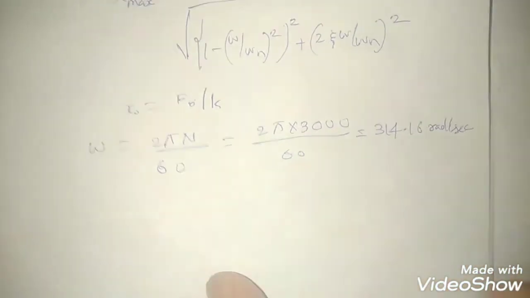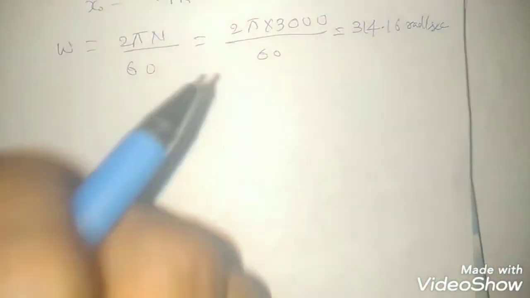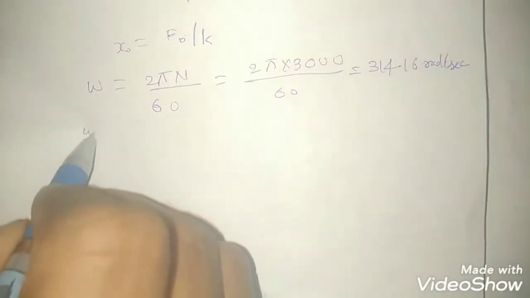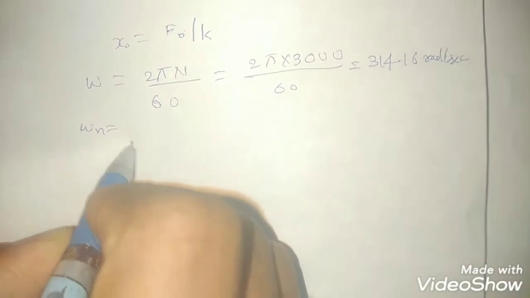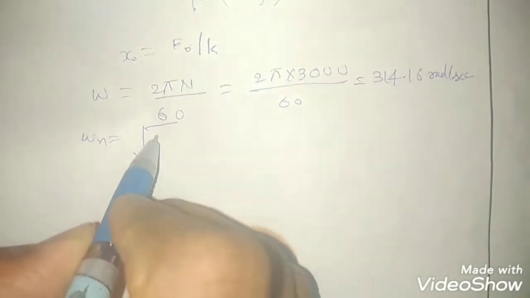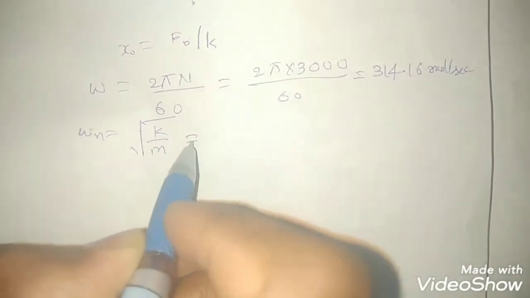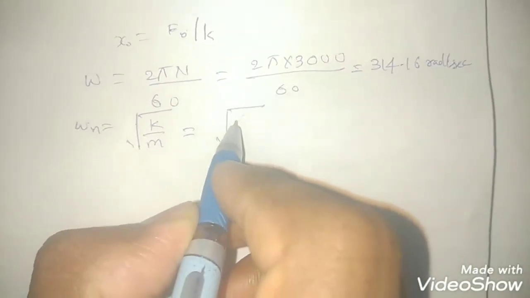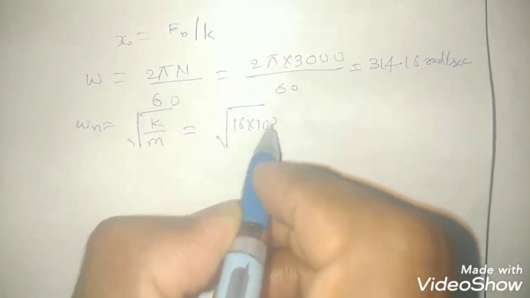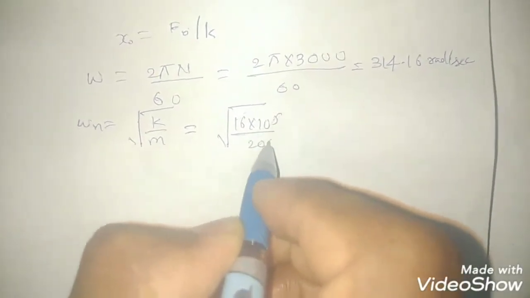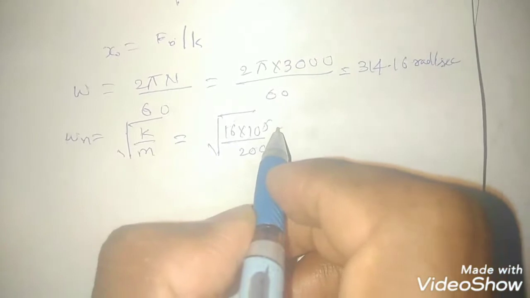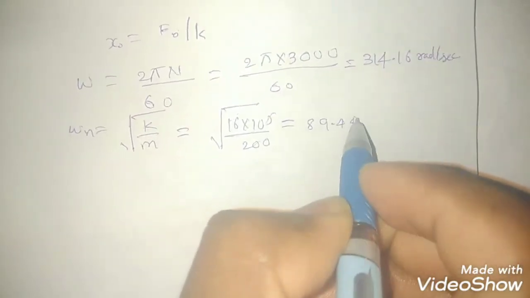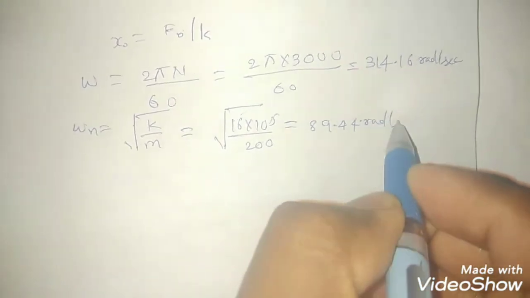In the same manner, to find omega n, the formula is root of k by m. By substituting the value of k, 16 into 10 power 5, divided by m, which is 200, we'll get a value of 89.44 radians per second.